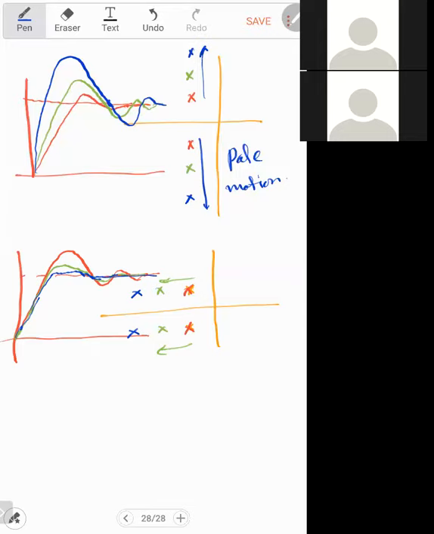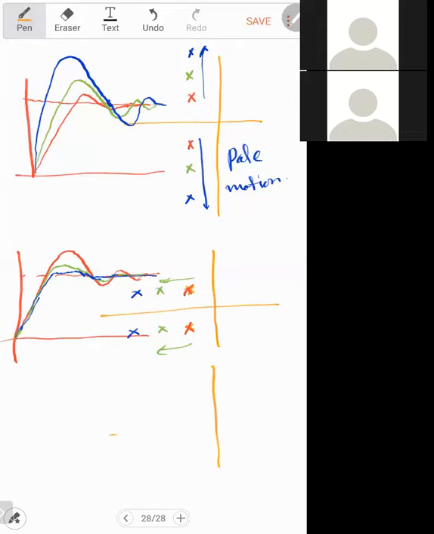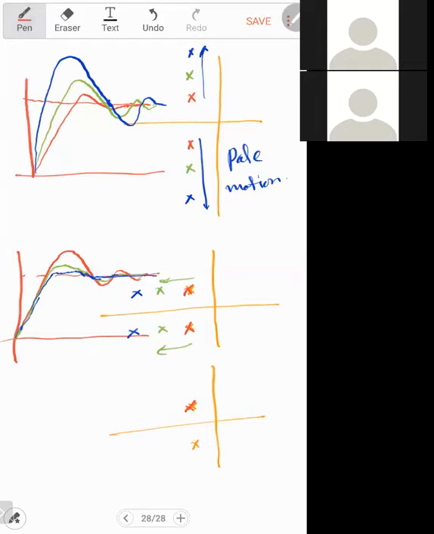And finally, what will happen if we have a constant damping ratio? This is the S plane.